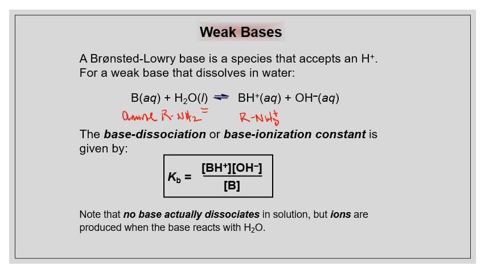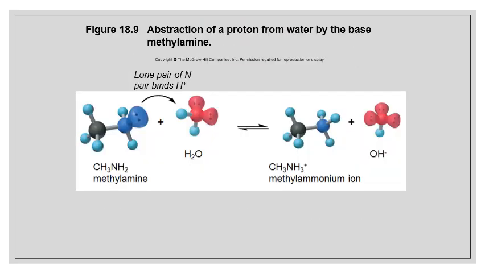For these types of bases, please also understand that no base actually dissociates in solution, but the ions are produced when the base reacts with water. So again, this is the whole concept of ionization versus dissociation, where the ions are created in solution, not just separated. So you can see an example here with the reaction between methylamine and water.